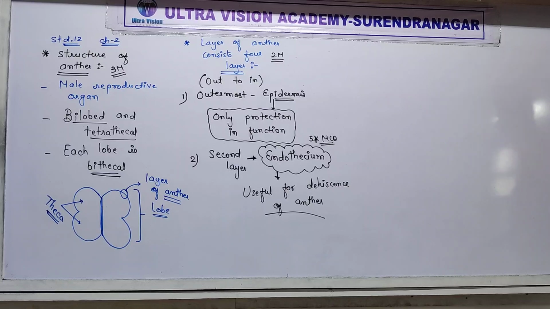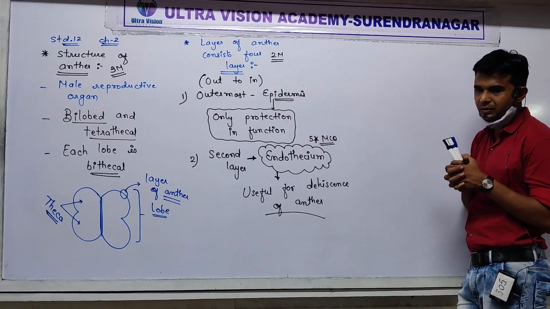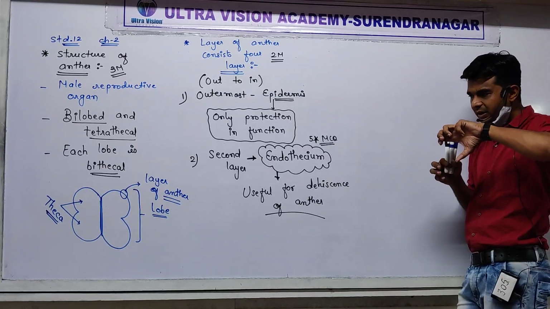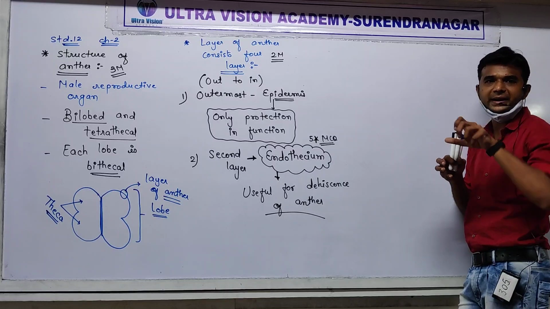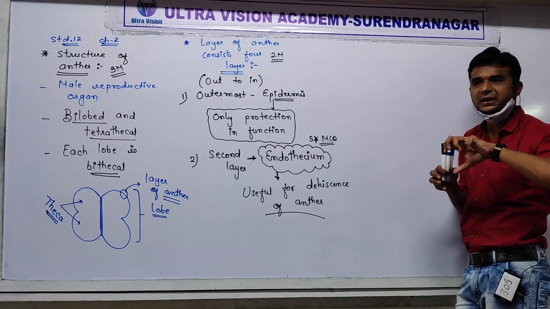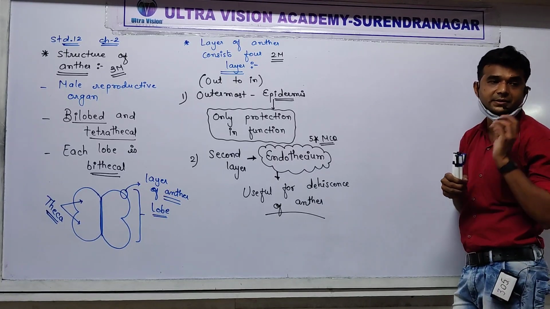So generally, when pollen grains are formed and become mature, naturally the anther breaks. The natural breakdown of the anther is known as dehiscence.